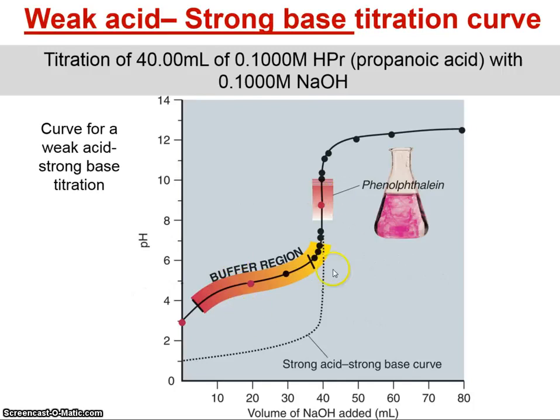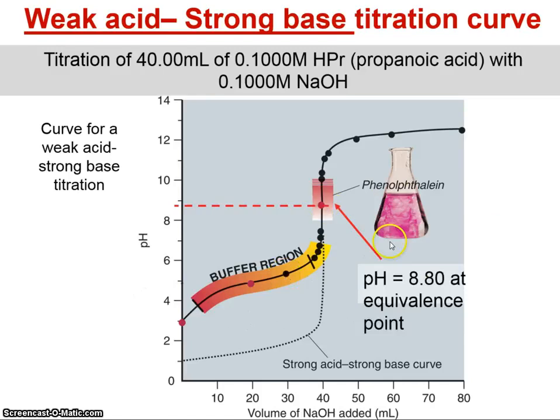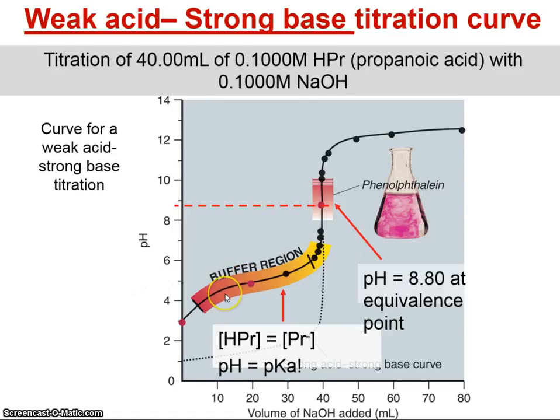So I've got to get the right indicator. Phenolphthalein, with the reaction's pH being 8.8 at the equivalence point, is going to be an acceptable indicator, but not methyl red, because along here I'm buffering, using Henderson-Hasselbalch. When we do the calculations for these, I can pick any point along this buffer region and do Henderson-Hasselbalch.